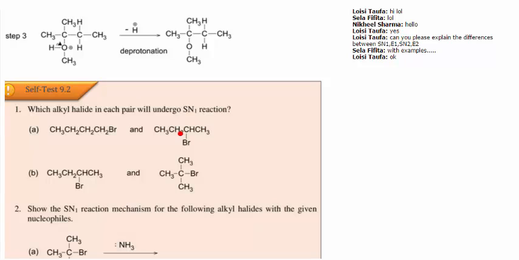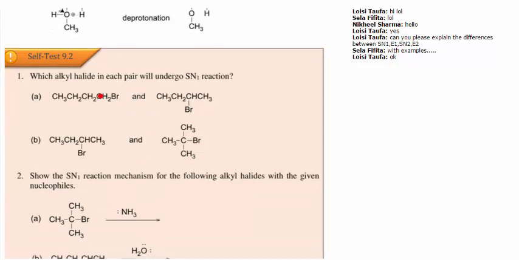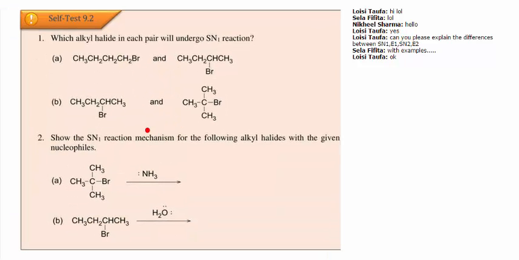Here the halogen is attached to a carbon which is only attached to one hydrogen, so it's a secondary alkyl halide. Of the two, the secondary alkyl halide is going to undergo SN1 reaction only, since primary alkyl halides do not undergo SN1 reaction.